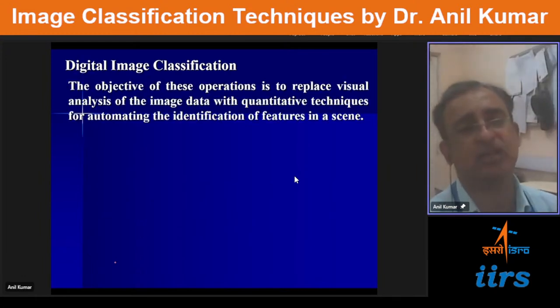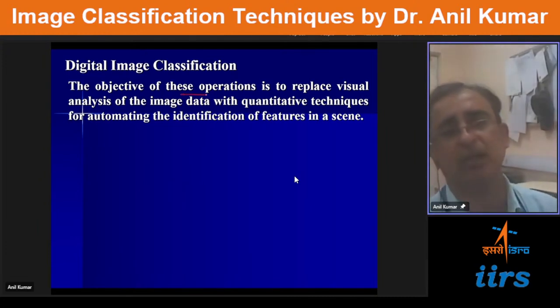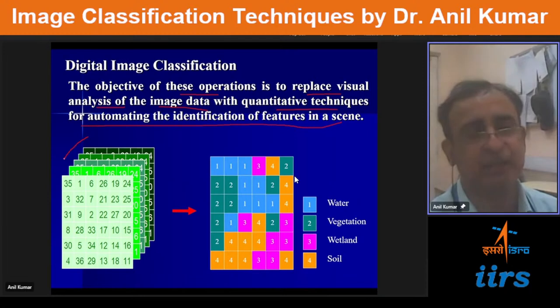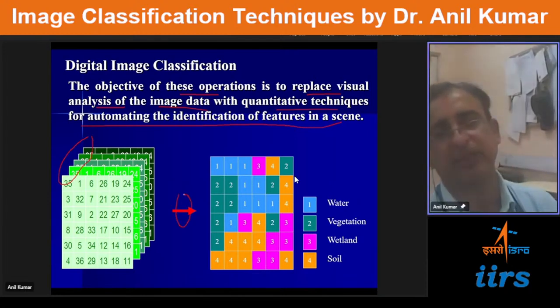Next, coming to digital image classification. The objective of this operation in digital image processing is to replace visual analysis of the image data with quantitative techniques for automating the identification of features in a scene or in an image. Here you can see, if it is a 5-band image and I do image classification, I can group the pixels into different classes.